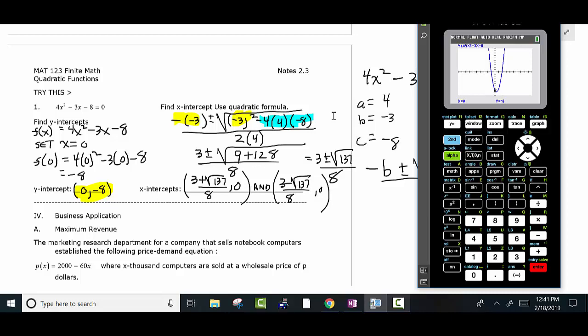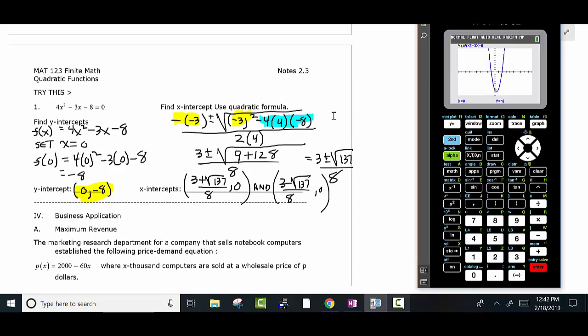All you need to do is have something on Y1 and not in the other places. Okay, now we're good. If I go trace 0, see how it's blinking on -8 now?